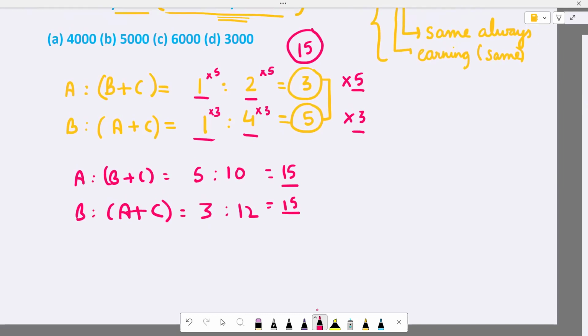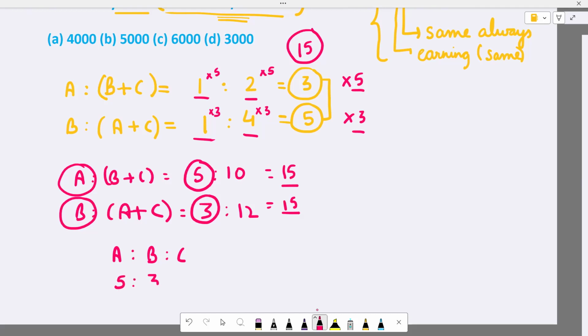So to find the direct ratio between these three entities, that is A, B, and C, the ratio of A to B we can directly identify. Here it is 5:3. Now we need to find out the ratio of C. The total is 15, we know this, so the sum of all these three will be equal to 15 only.